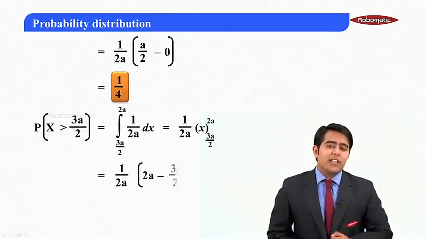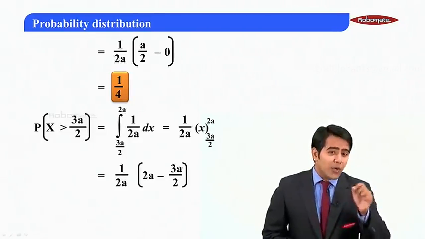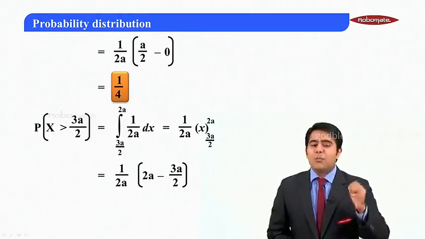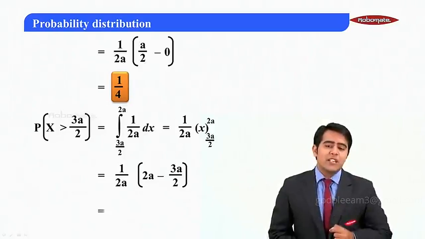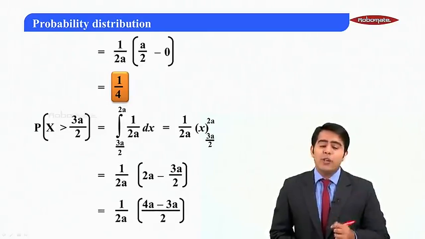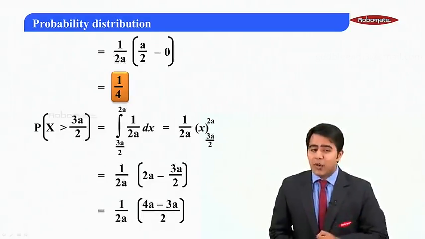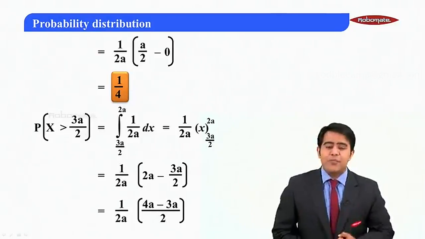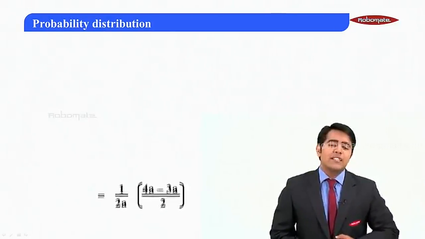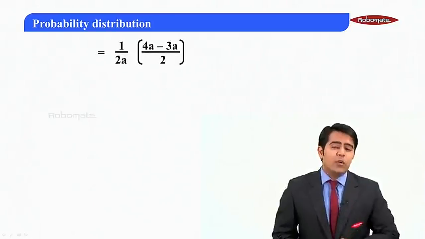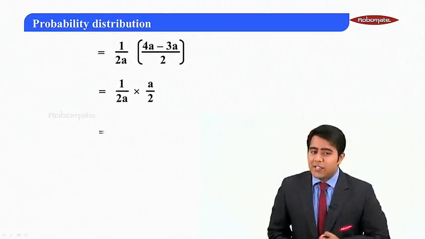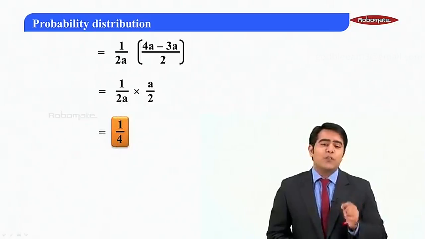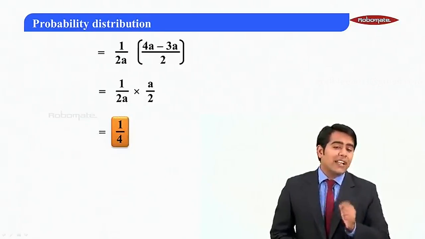Now on further calculation, I get the value as 1 upon 2a into upper limit 2a minus 3a by 2. This value turns out to be 1 upon 2a into 4a minus 3a upon 2 by taking the LCM. So this is simply equal to 1 upon 2a into a by 2. Both the a's get cancelled. So the answer is 1 upon 4. This is the value for the right hand side.